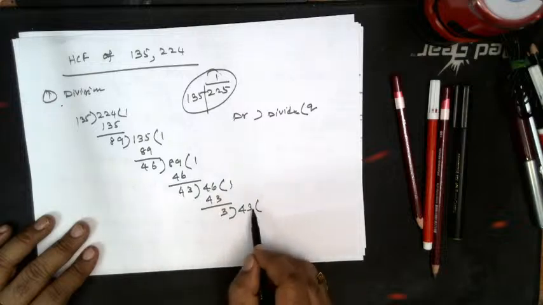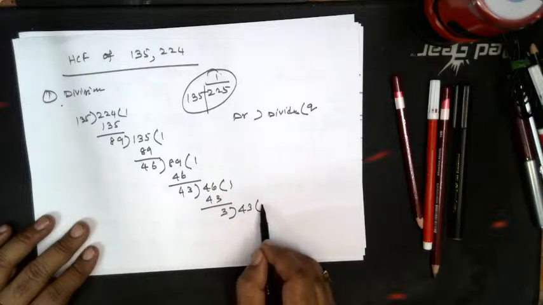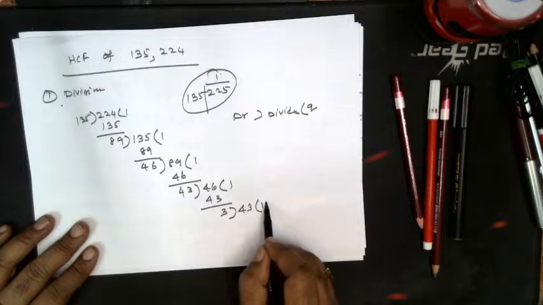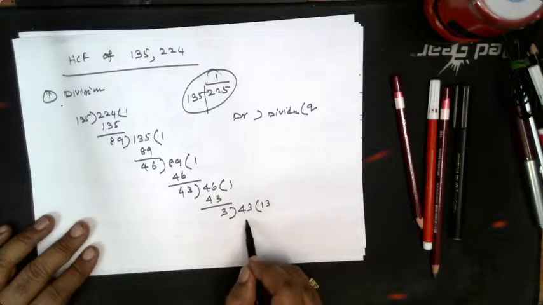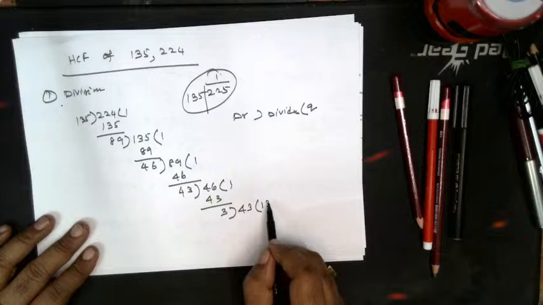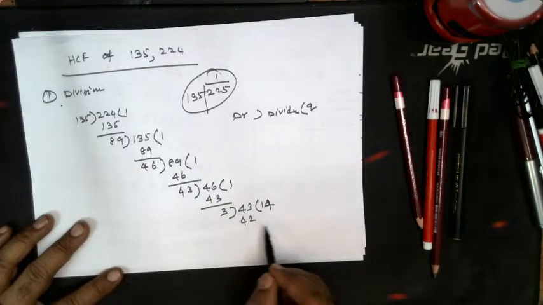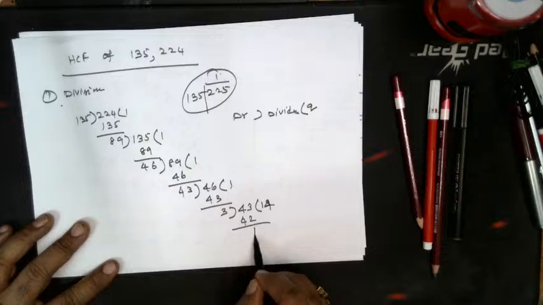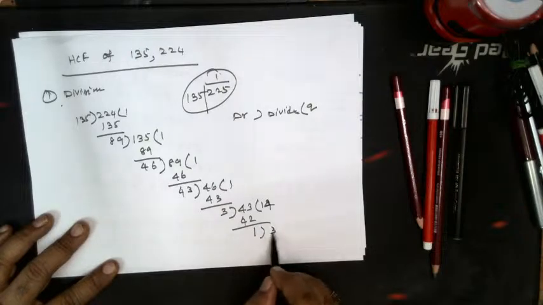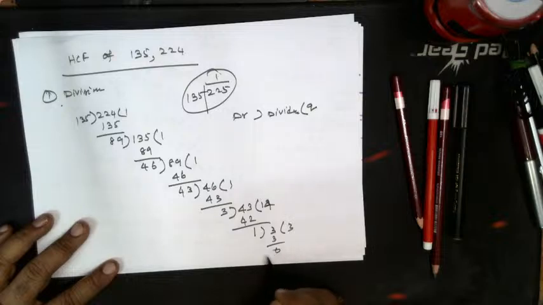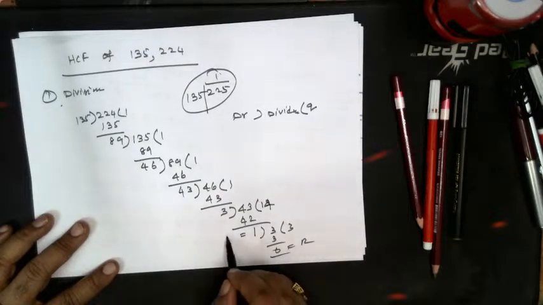So 3 times 13, 39. Is it not? Okay, 42. Balance 1 and put 3. So 3 times 3, that is 0. So the remainder is 0. Therefore the HCF is 1.